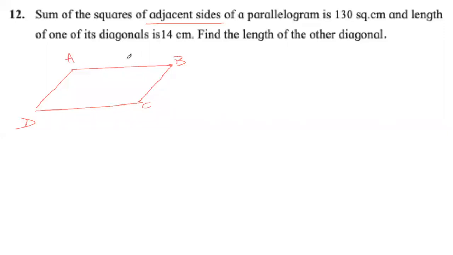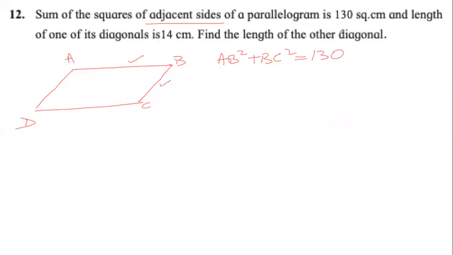So if we take AB and BC, they are next to each other. So what it means is we have to prove AB square plus BC square is given as 130. The sum of the squares of adjacent sides of the parallelogram is 130.